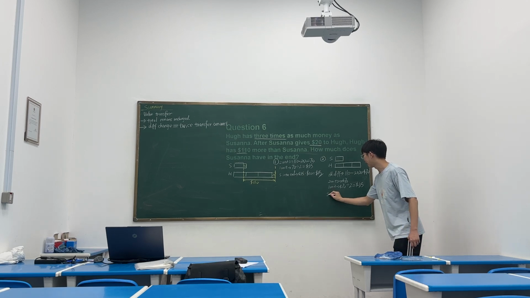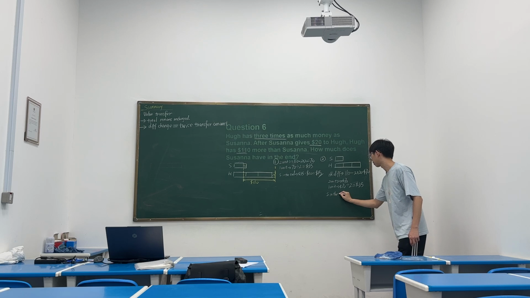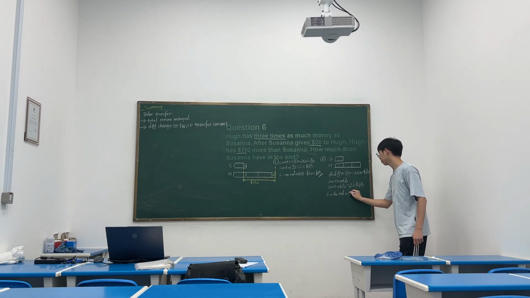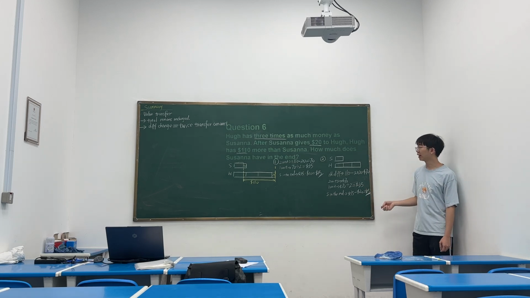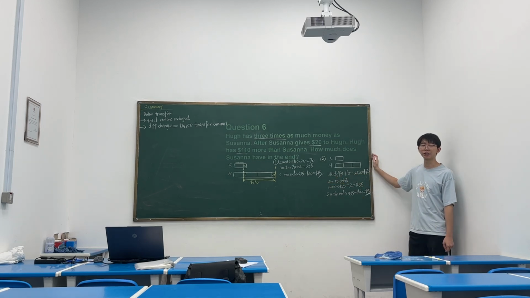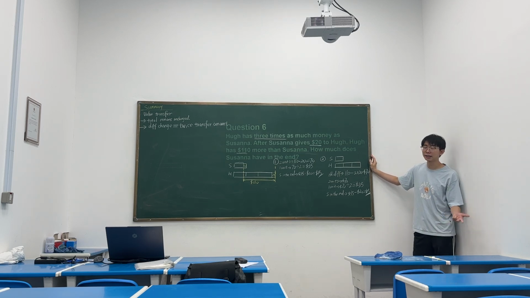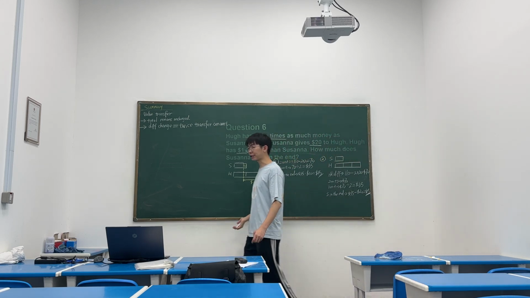And in the end, we'll have 35 minus 20 equals $15. And you'll get the same answer. Okay? So these are two methods to solve this question. During the exam, you can apply either of these two methods. That's totally okay. Okay? So that's all for question 6.